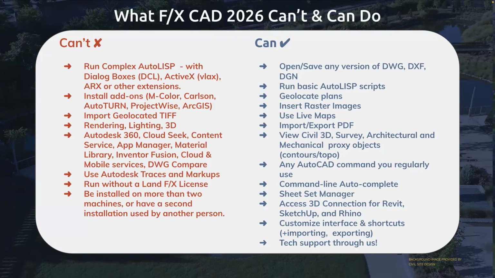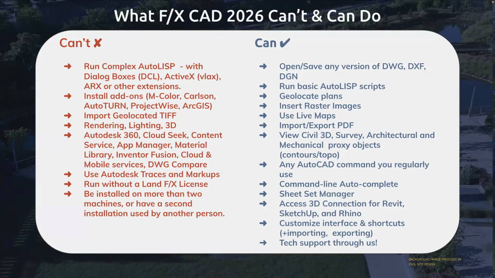That functionality requires actually a vertical of full AutoCAD. That's AutoCAD Map or Civil 3D. So those are the only two AutoCAD platforms that can do something like that. I think Survey can too as well. But they're verticals. So it's not the basic AutoCAD, it's the vertical of AutoCAD that can do that, and it's the Civil 3D that can do that. So that's why FXCAD cannot do that.